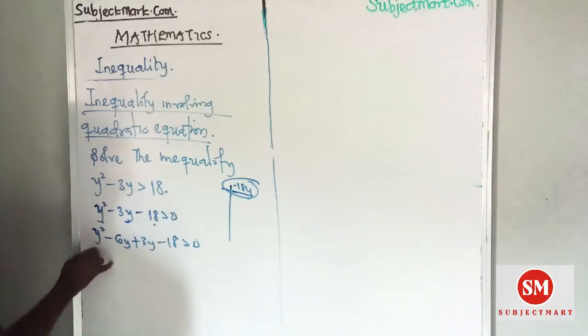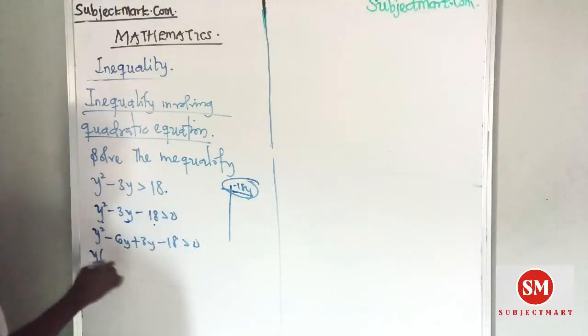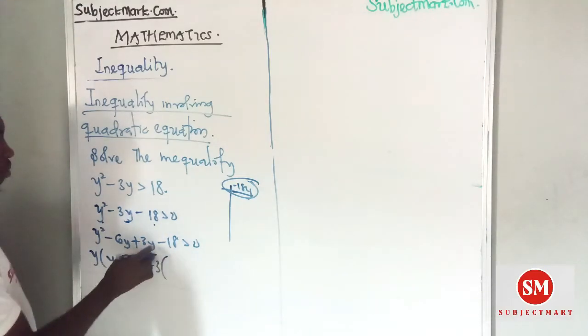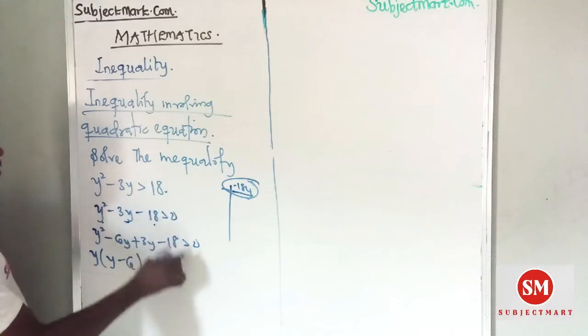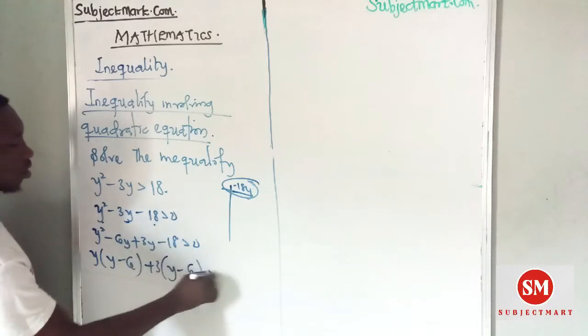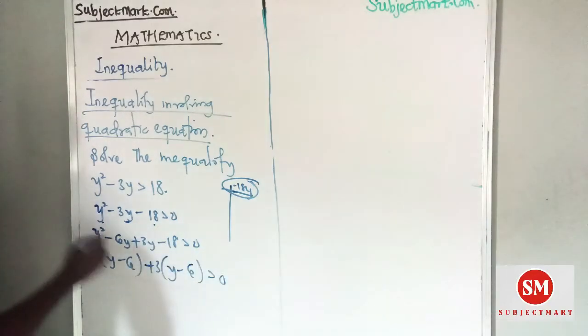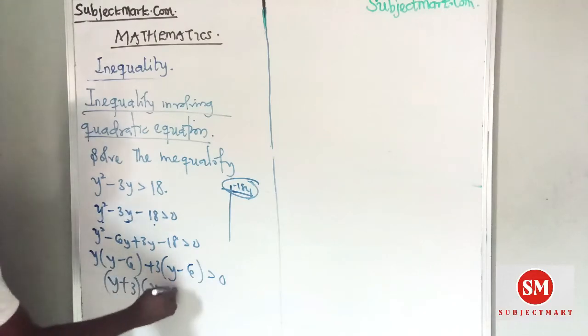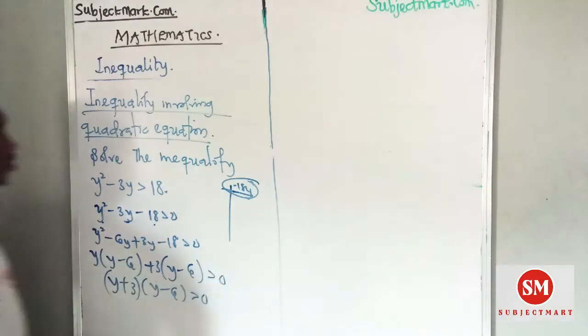So this becomes what? Y open bracket, factorizing this, we are left with y minus 6. What's common here? Plus 3 is common. Bring it out. If I bring out plus 3 from here, I'll be left with y. If I bring out plus 3 from here, I'll be left with minus 6 is greater than 0. So we say y plus 3 open bracket y minus 6 is greater than 0.